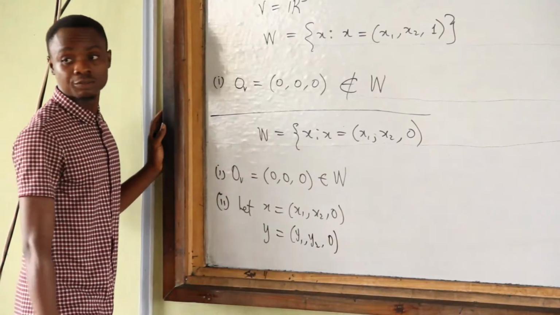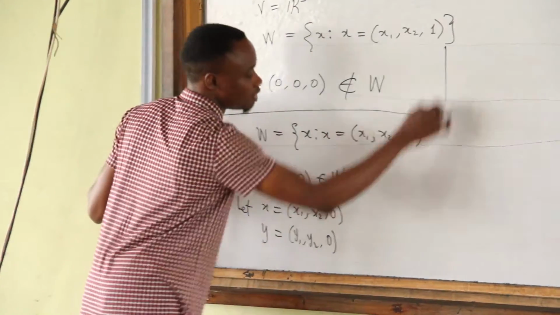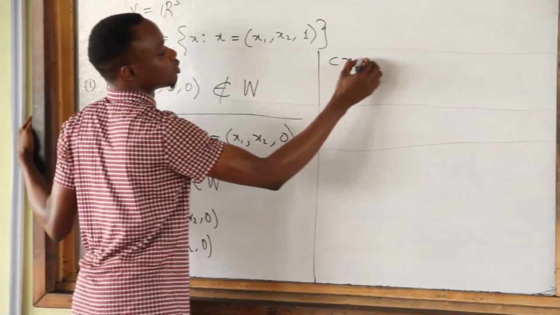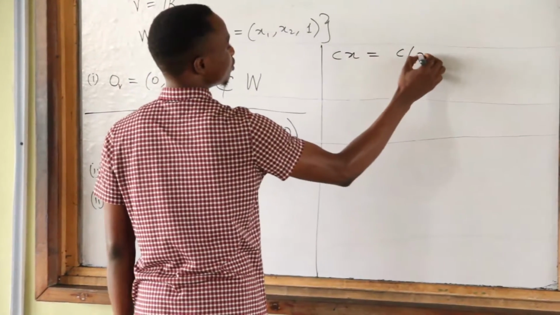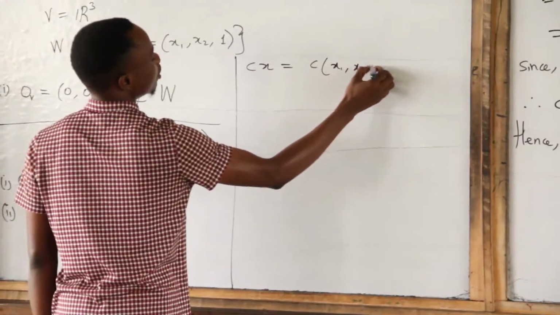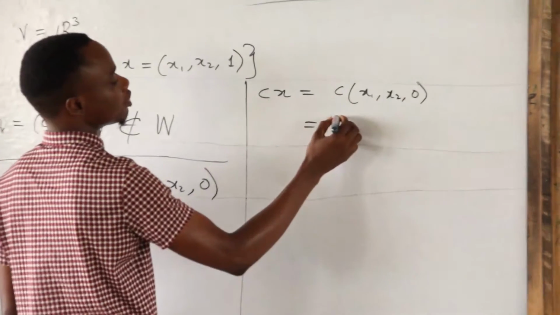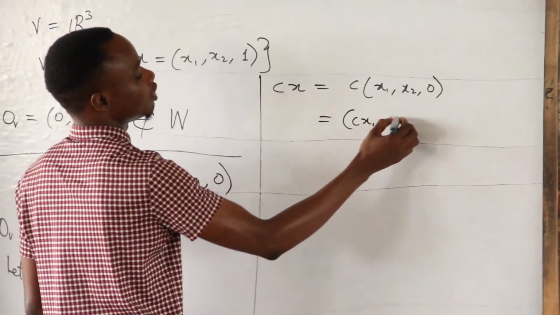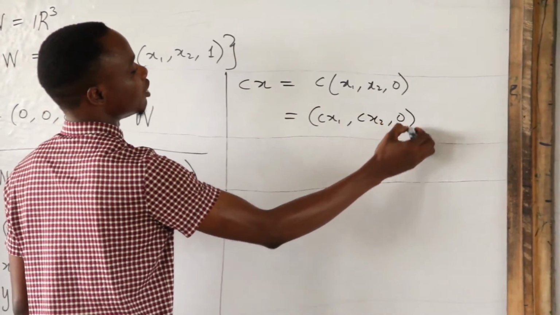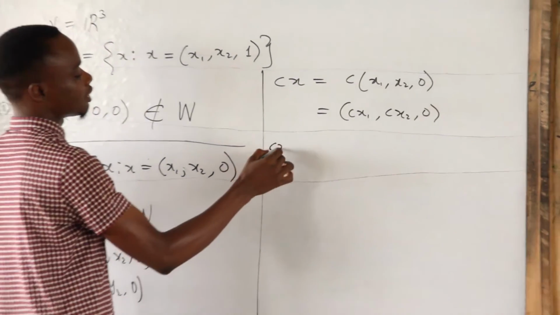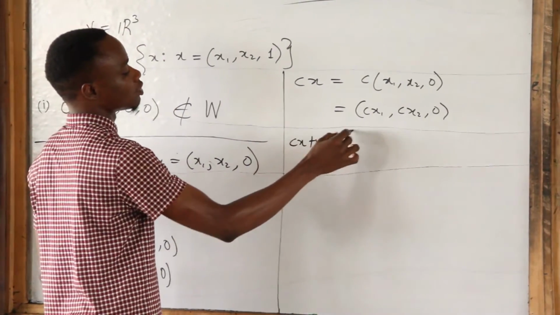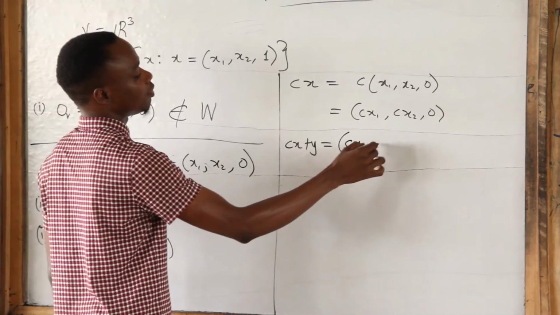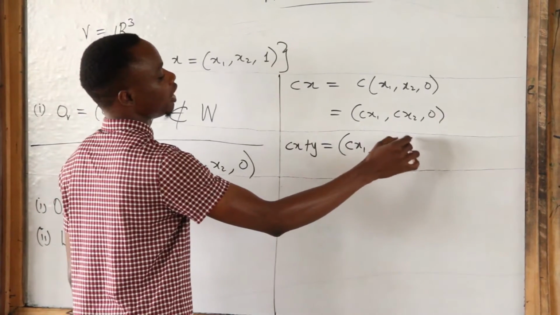Is it making sense? So we now find Cx, which is C times X1, X2, comma 0, equal to Cx1, Cx2, comma 0. Then Cx plus Y will be equal to Cx1, Cx2, comma 0, plus Y.